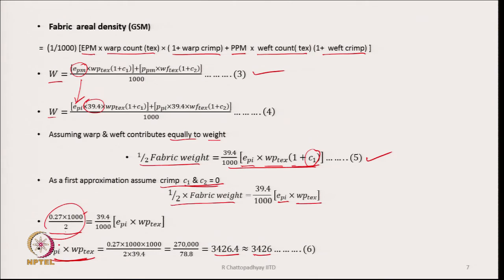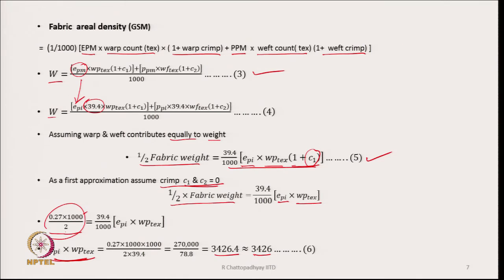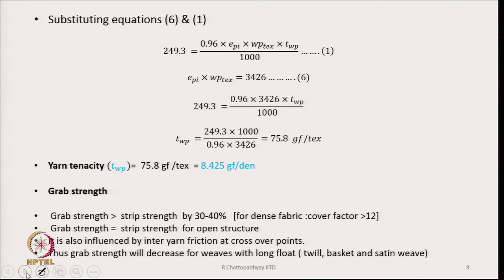So, we have no way to find out. Theoretically there could be so many combinations of EPI and warp count to get this value 3426. There could be innumerable combinations which are possible, but all the combinations will not work because we have to meet other requirements also. So, what are the other specifications given here, that also we have to include.